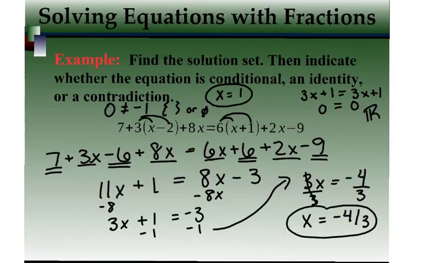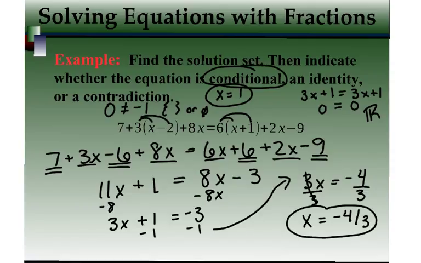Except for answering whether this equation is conditional, identity, or contradiction. Well, like I said, if we end up with an x value or a variable equaling some number, it's a conditional equation. So for this one, it's conditional.